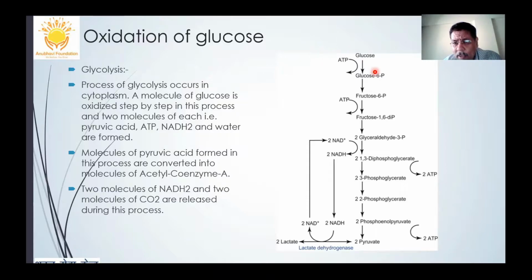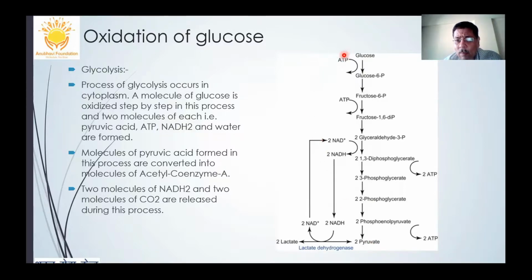It goes in a step by step manner to form pyruvate. Pyruvate means pyruvic acid. Nowadays, we don't write acids, but write their salts, that is pyruvate. So glucose is broken down in a step by step manner to form pyruvate.